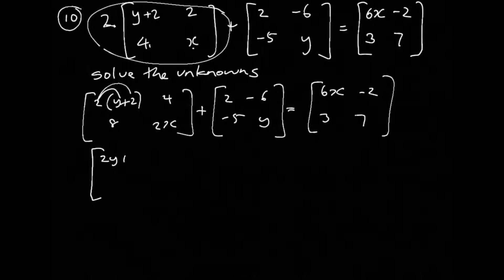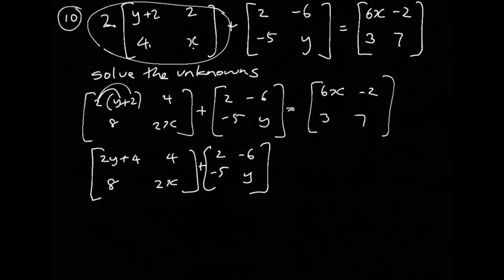So 2y plus 4, 4, 8, 2x, 2, that's plus 2, negative 6, negative 5y. Let's just move these across a bit so they don't look like they're actually sums. Equals 6x minus 2, 3, 7.